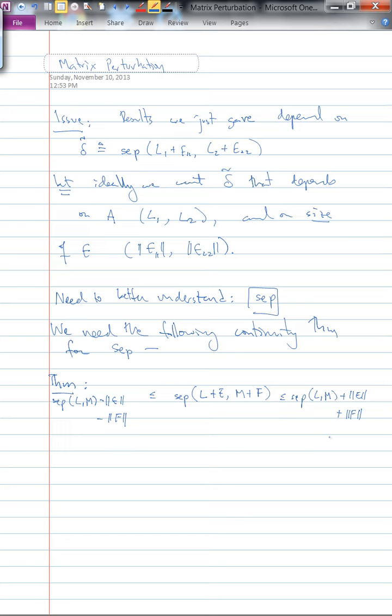And this is now finally what we want, because sep Lm in the lower bound and the upper bound are allowed to depend specifically on properties of A. For us, that would be the separation of L1 and L2. And E and F, now this just depends on norms. So the proof of this, I'll leave it as an exercise, and it's not difficult at all.